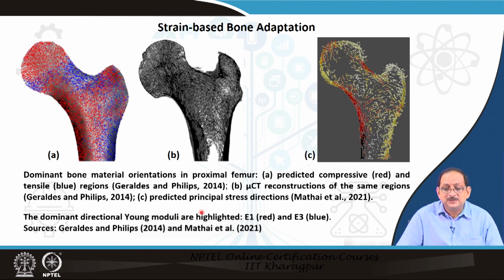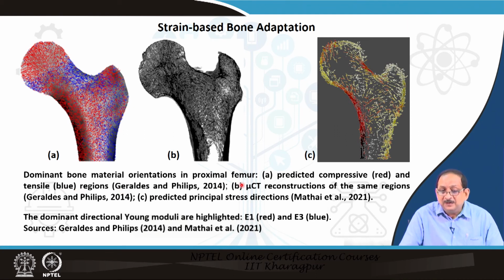Let us now discuss some studies which have been carried out on strain based bone adaptation. In the slide, we can see that the dominant bone material orientation in the proximal femur has been plotted. The first figure A predicted compressive and tensile regions. Compressive has the color red and the tensile blue.